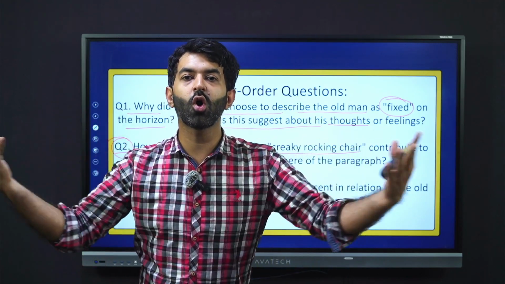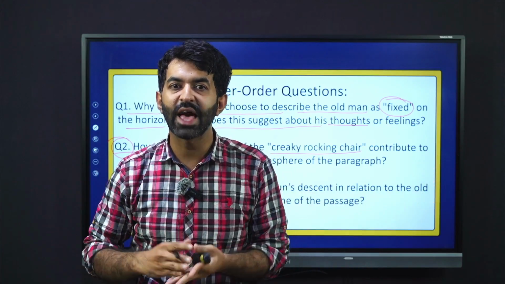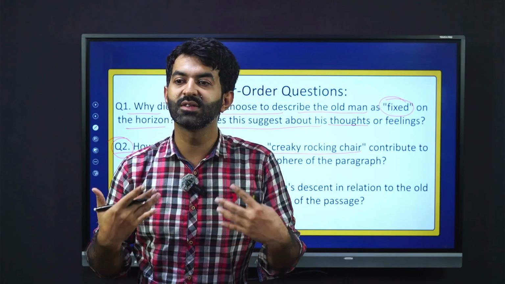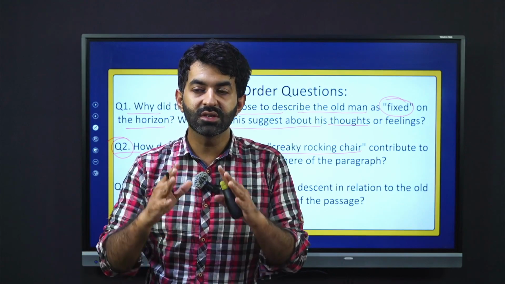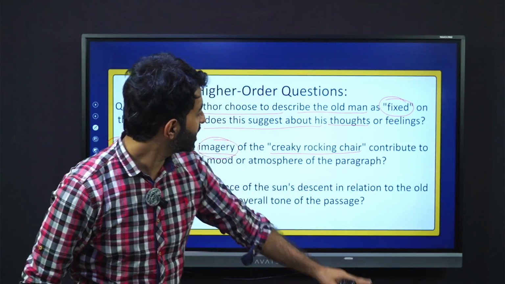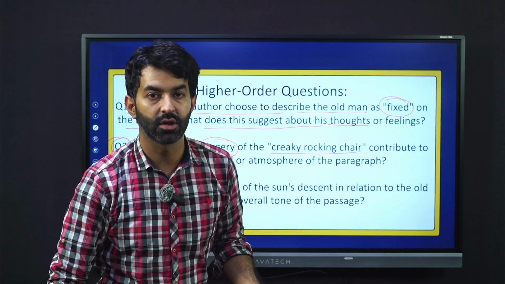What is the mood of the whole story? The mood can be sad. He must be in a grief. He is gloomy. He is sad, right? So this gives an atmosphere of sadness. So we have just answered this kind of question. This is also a higher order thinking question.